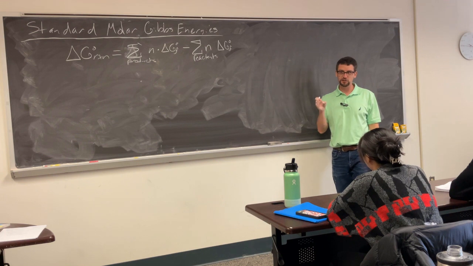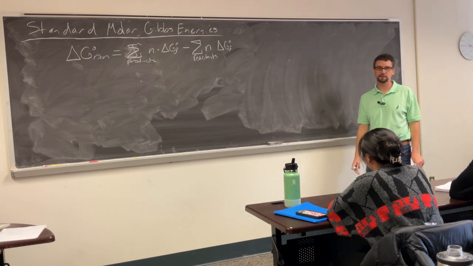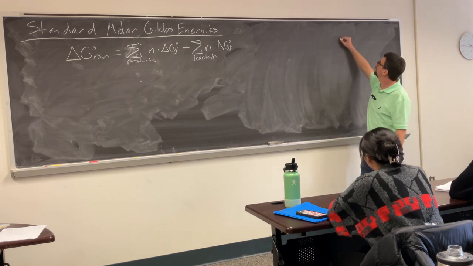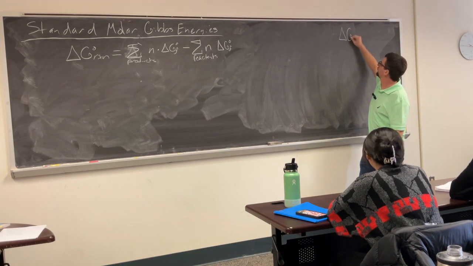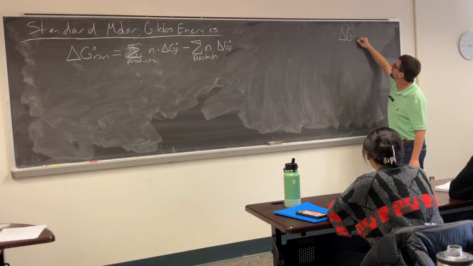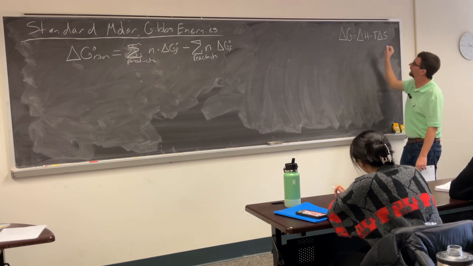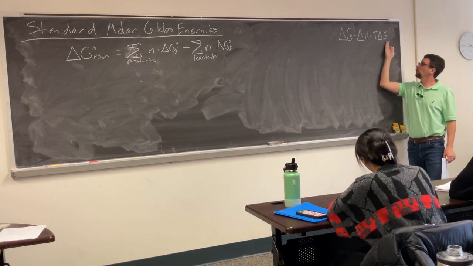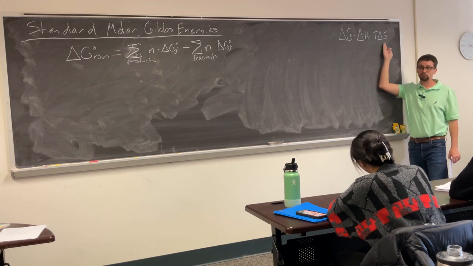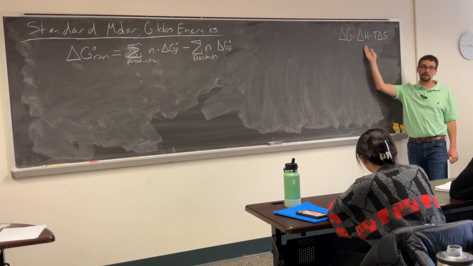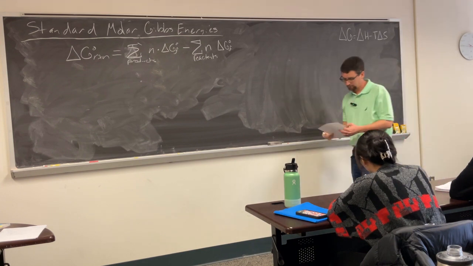And why can't delta G be found directly? From Gen Chem, delta G is equal to what? Okay. We can solve for that directly, right? What can't we solve for directly? Yeah, delta H. We have to have that in terms of a reference.